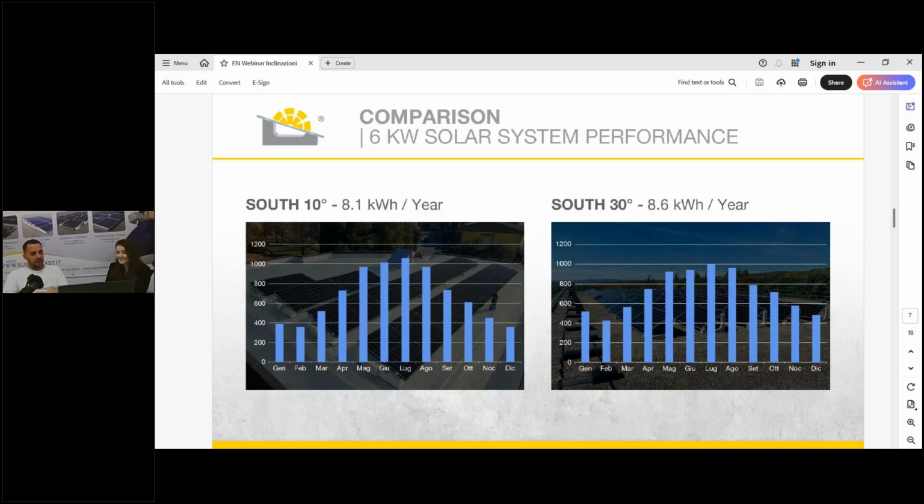As you can see on two graphics that we are sharing with you guys, we have a 6 kilowatt for both of them orientated south, one with 10 degrees and one with 30 degrees. So as we can see, the power that generates kilowatt per year with south 10 degrees, it goes on 8.1, and as you see with 30 degrees, it goes on 8.6. So 30 degrees tend to go a bit even higher and generate more power than the 10 degrees.